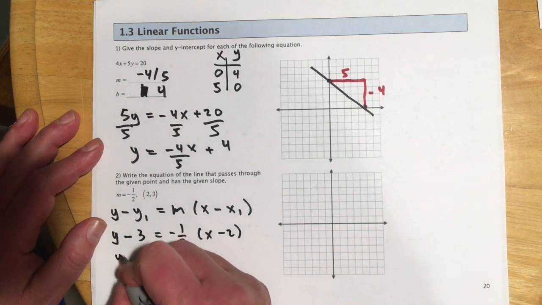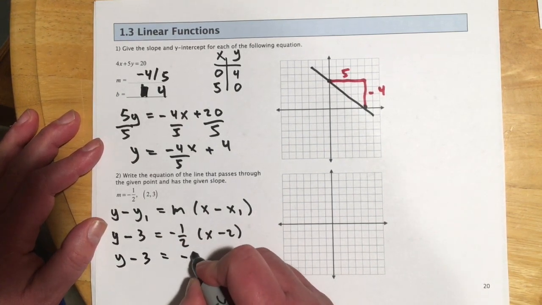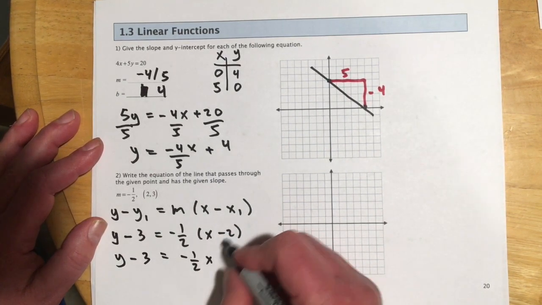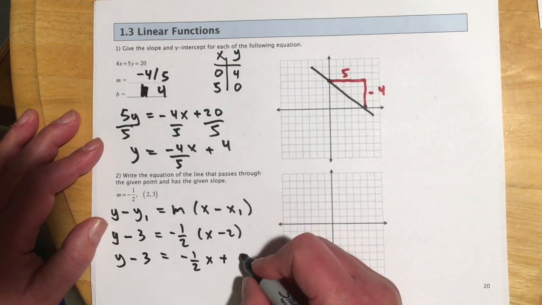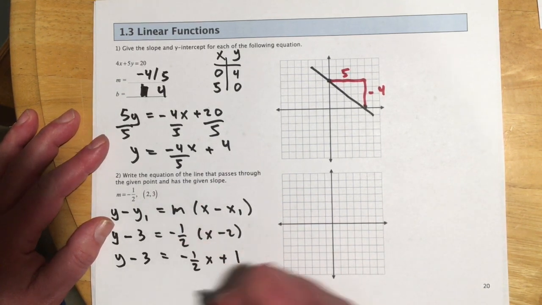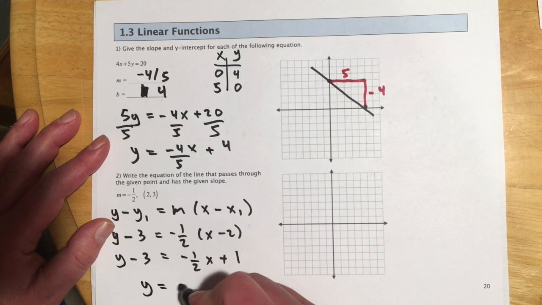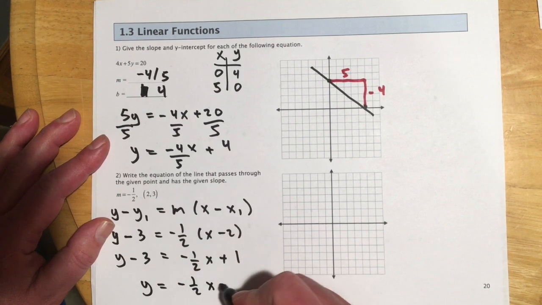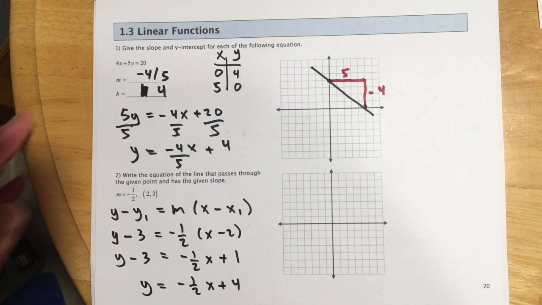I'll clear the parentheses. And negative makes positive. 2's cancel, leaving me plus 1. And I just have to move the 3 over. So y equals negative 1/2 x plus 4.